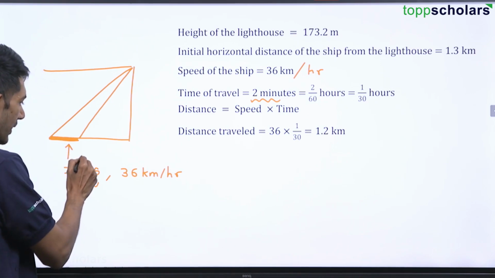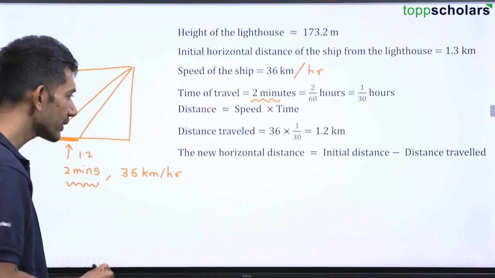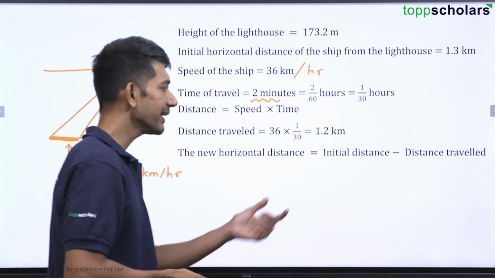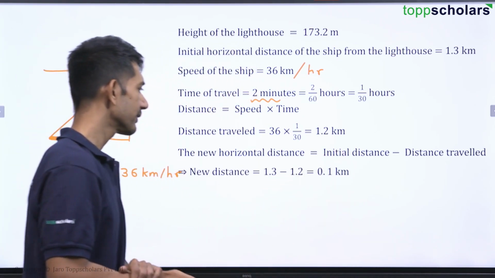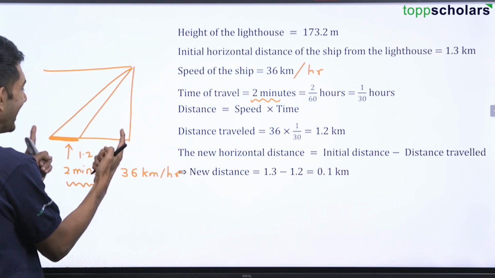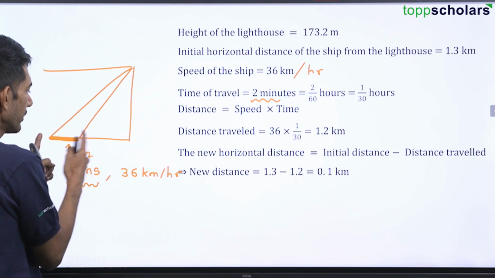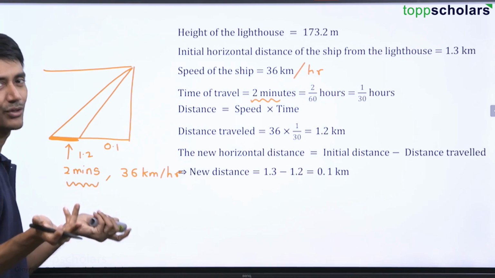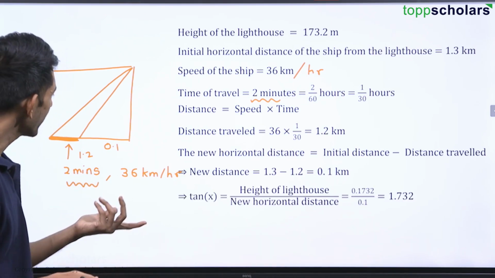So this distance is 1.2 kilometers. Now I know the distance. And then the new horizontal distance will be the initial distance minus the distance traveled, that is 0.1 kilometer. See, entire is 1.3, this is 1.2, so remaining will be 0.1. Obviously, correct. Now it is easy.